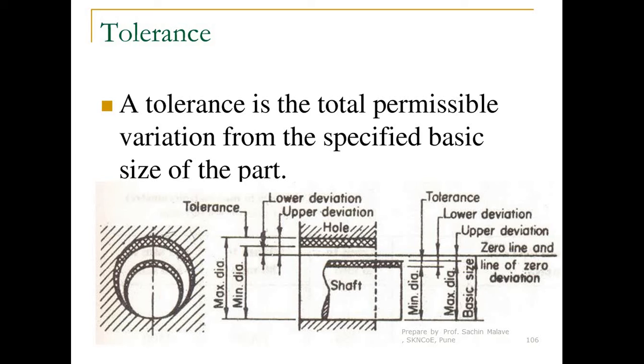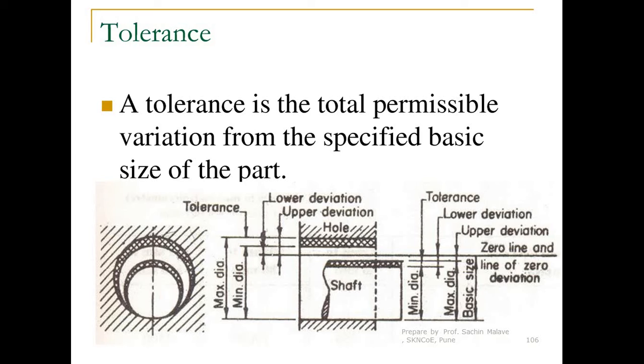The distance between this line and this line is the fundamental deviation for the hole, whereas the distance between this upper line and the basic line is the fundamental deviation of the shaft. So in the case of the hole, the fundamental deviation is nothing but the lower deviation, as it is close to the basic line.